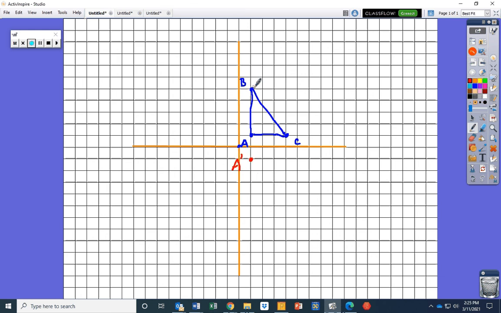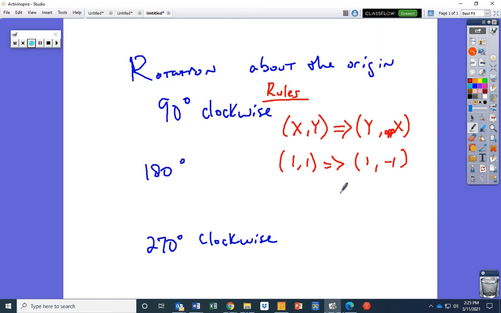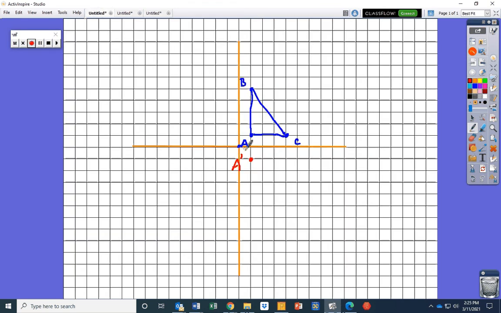What are the coordinates for B? Look at B: (1, 5). First thing I'm going to do is flip them. So this is now 5, but what's the opposite of 1? Negative 1. Go back to my graph: over 1, 2, 3, 4, 5, down 1.